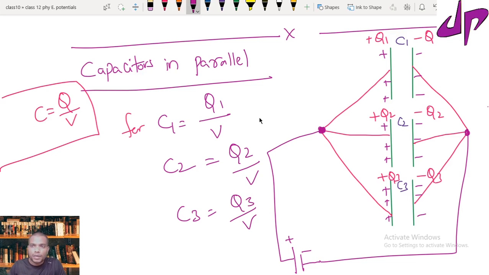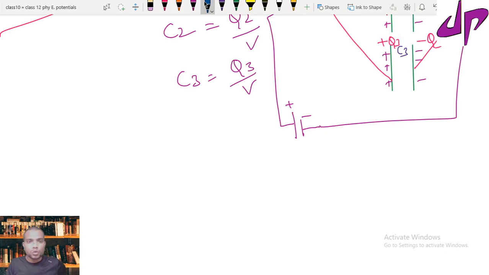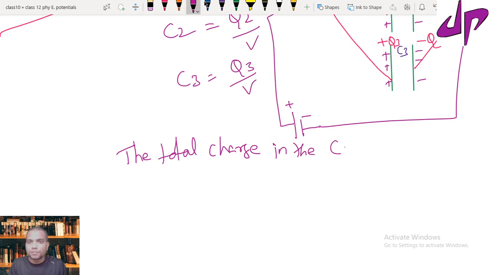Now let us combine these. The total charge in the combination, Q, equals the sum of the individual charges, Q1 plus Q2 plus Q3.